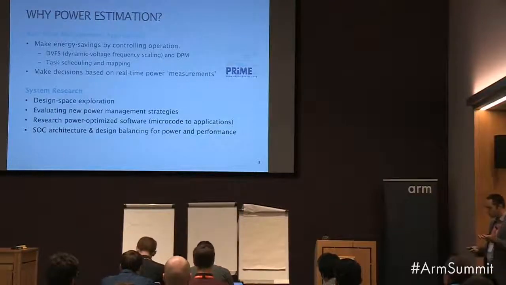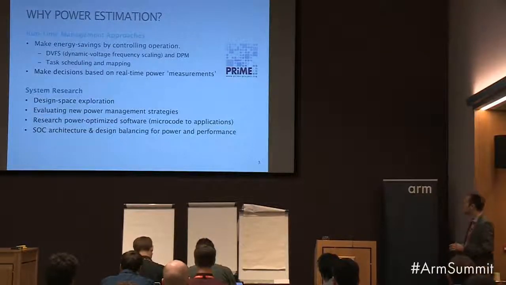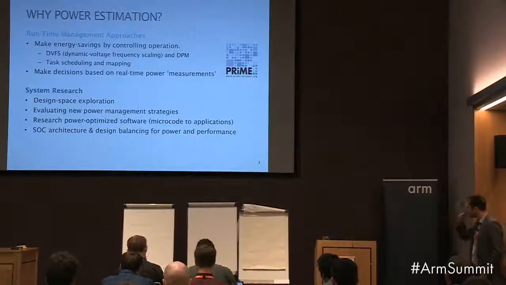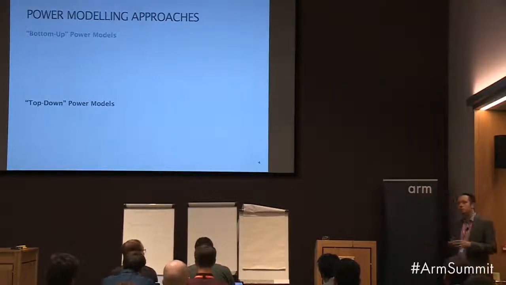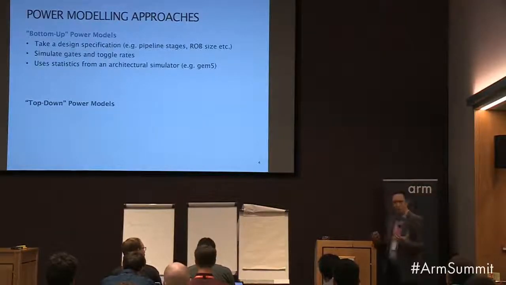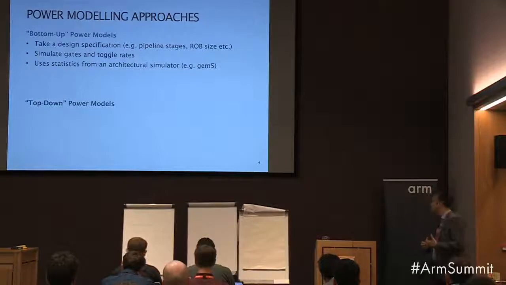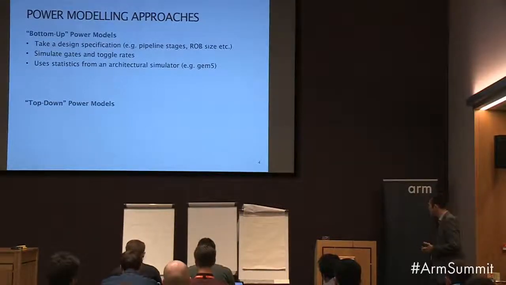Alternatively, power models or knowledge of power consumption is useful in exploring the different designs, whether that is hardware designs and architectures through to software and changes that you make in power management strategies. And predominantly, there are 2 different approaches to power modeling. There are the bottom-up approaches, where you start with the architecture, you start with the specification, you do a simulation of that, and from that, you draw out your model.